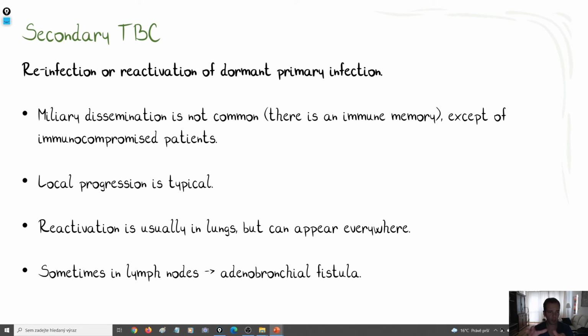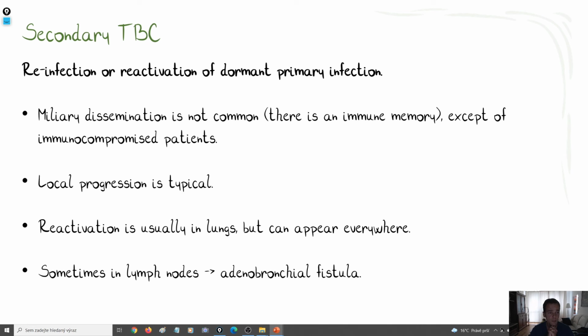So this was primary TBC. And as I said, the primary TBC has a tendency to disseminate into distant organs. On the other hand, secondary TBC is reinfection or reactivation of dormant primary infection.